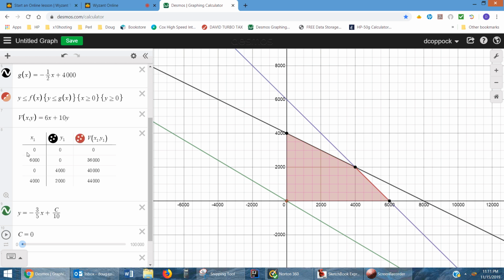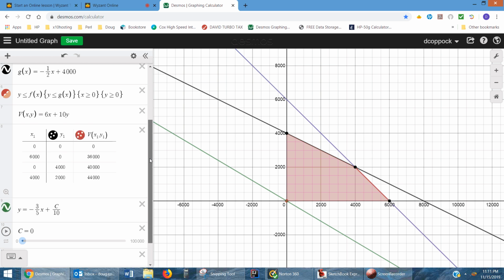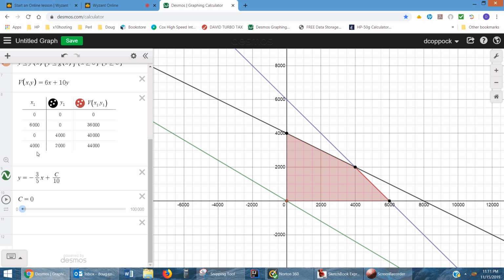I put in those 4 ordered pairs. 0, 0, of course, there'd be 0 victims aided. 6,000, 0 would be 36,000. 0, 4,000, 40,000. And 4,000, 2,000 gives me 44,000. So it is indeed the 4,000, 2,000 combination, 4,000 medical kits and 2,000 containers of water, that will aid the most people.